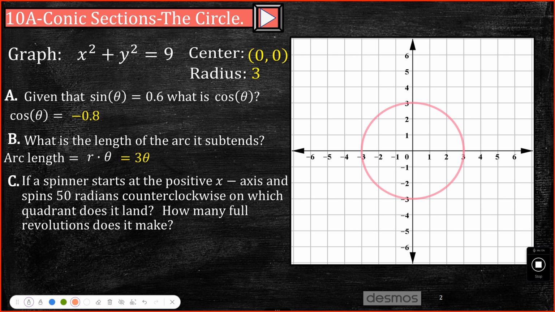This makes me think about where I emphasize what I teach and where I don't. I know that most of you would have a hard time with this because you don't even know what a radian is. What's 50 radians?